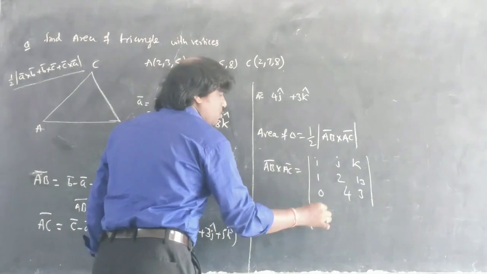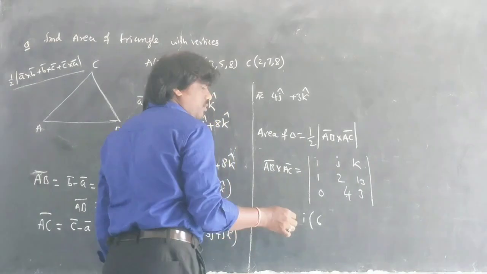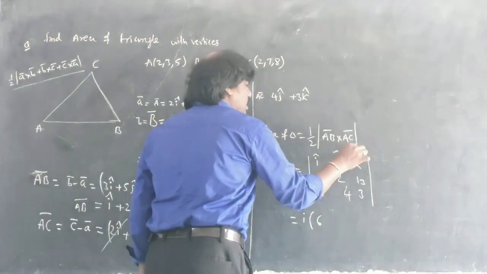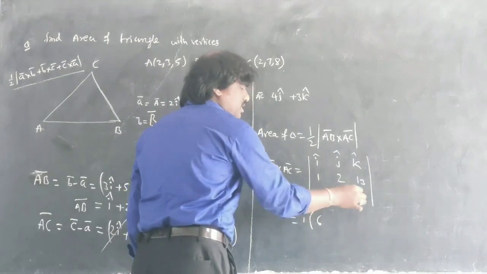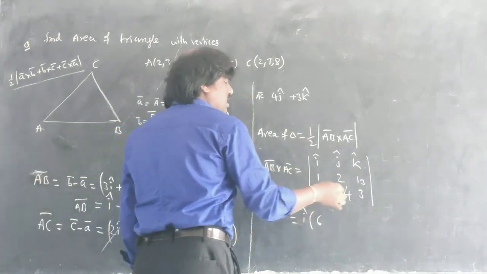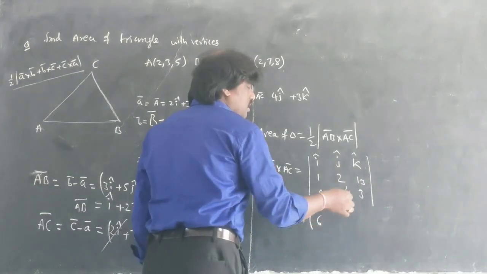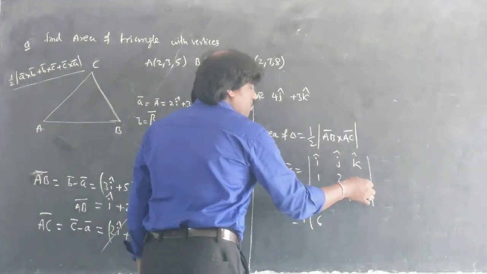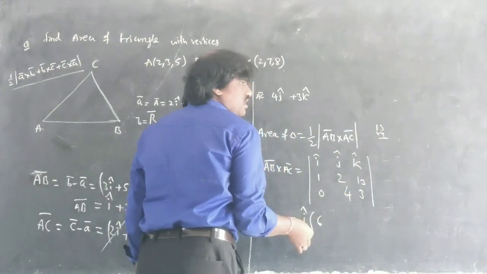I cap: 2 3s are 6, and 13 4s are 52. Are you getting it? When I want to find it, I keep i cap here and do the cross multiplication. 13 into 4 is 52.